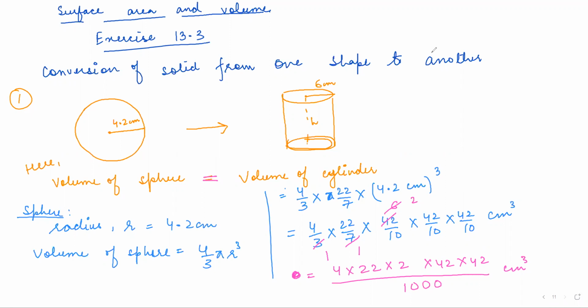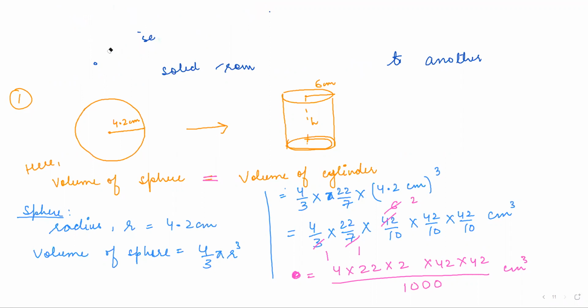Now come to cylinder part. Now what is the radius of cylinder? 6 centimeter.